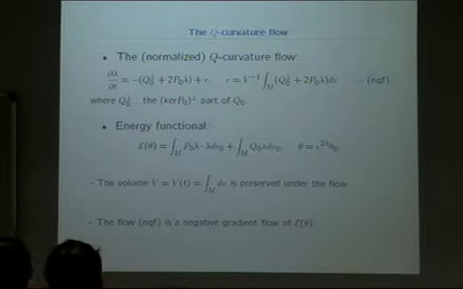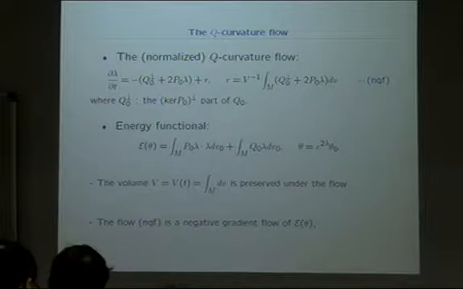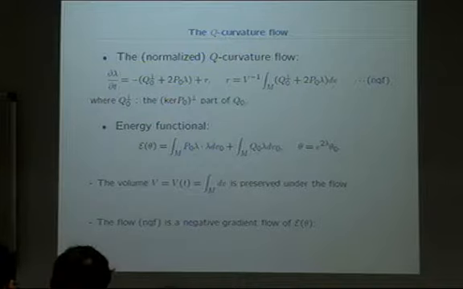In this talk, we consider this Q-curvature flow and the energy functional of the Q-curvature flow. Because of this last term, R is defined by this. This is a normalization term. Because of this normalization term, the volume V of M is preserved under this flow.